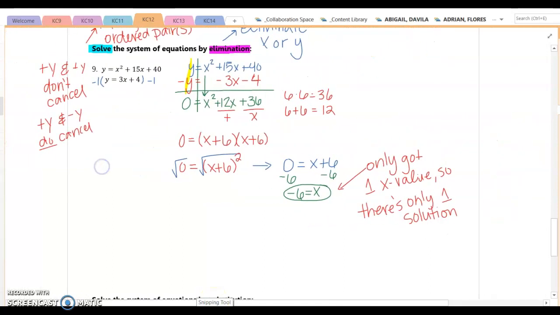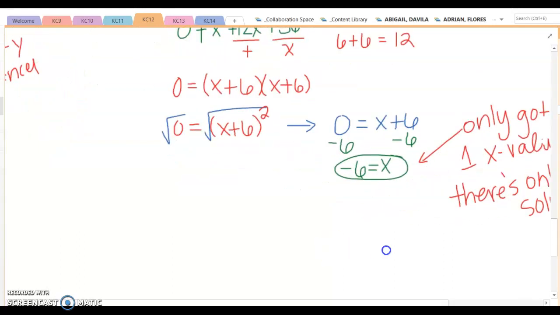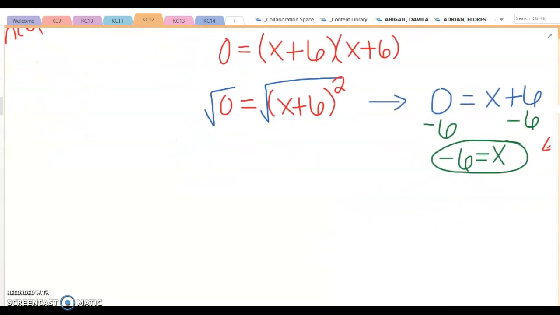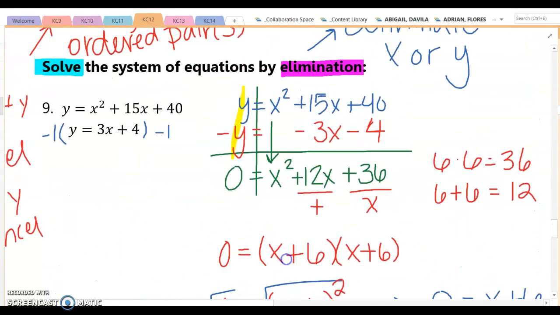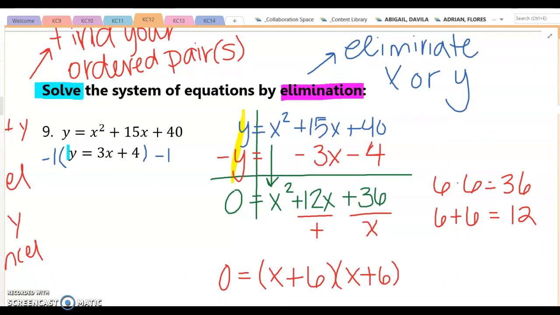So the last thing we have to do is figure out, right, ordered pairs, you need an x and a y. So we have our x, all we need to do is figure out the y. Well, cool thing is, we know that y equals 3x plus 4. So what we're going to do is take and plug in our x value, right? If you see up here, y equals 3x plus 4.